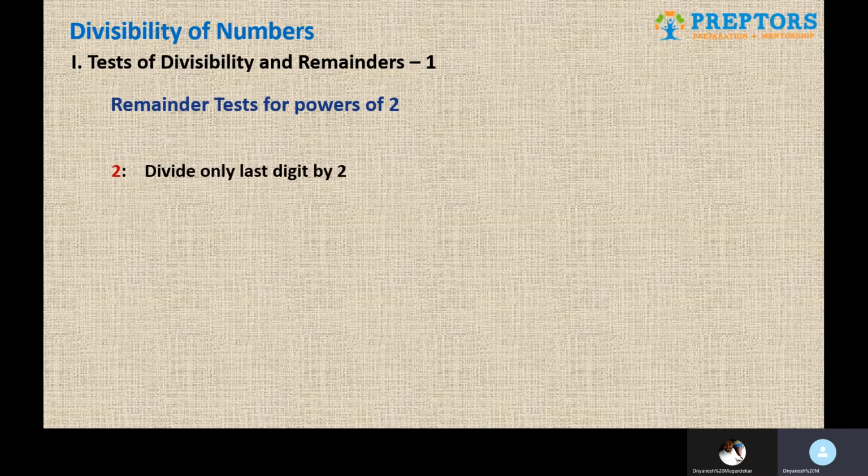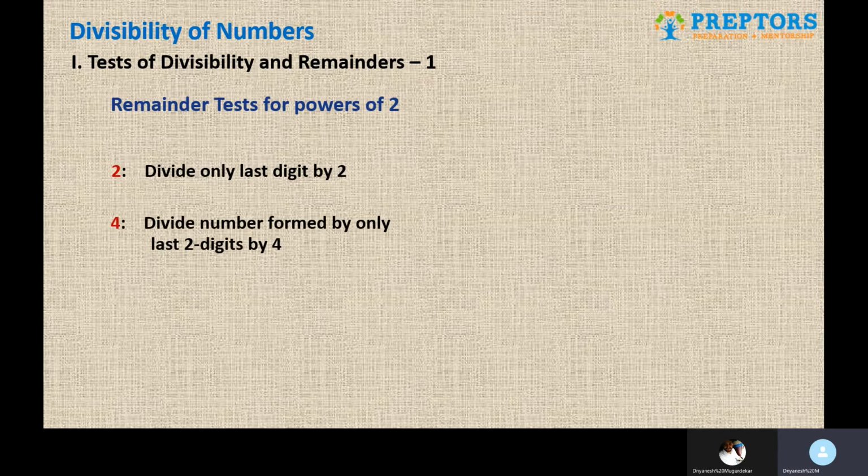When you divide the last digit, that is the unit digit of that number, by 2, whatever remainder you get will be the same remainder that you will get when you divide the entire number by 2. So you're just going to divide the last digit of that number by 2 to get the remainder.